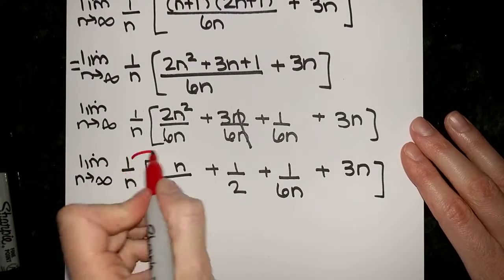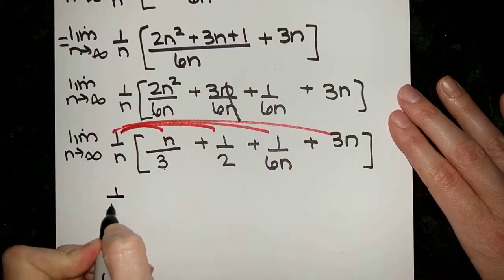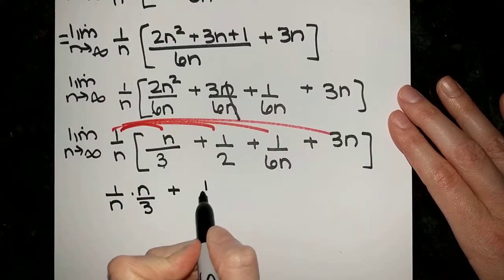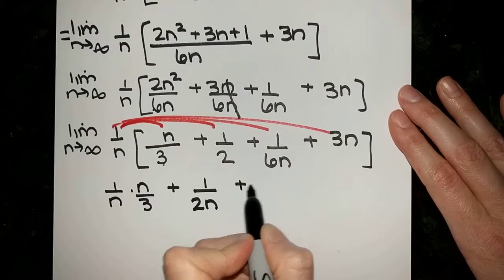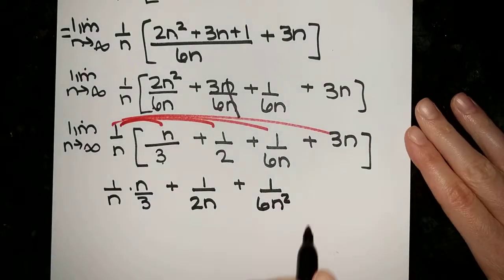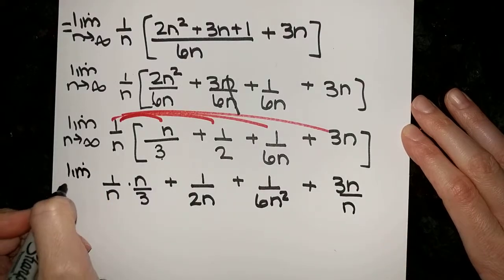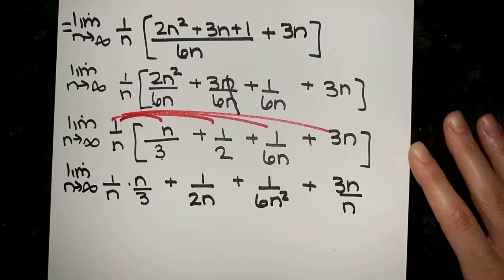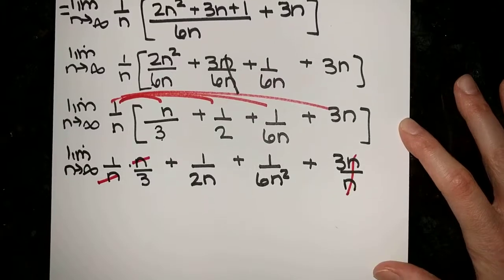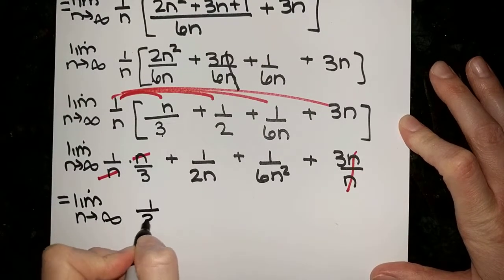So we have to distribute out to all 4 of those terms, and that will give us 1 over n times n over 3 plus, multiplying straight across here, 1 over 2n plus 1 over 6n squared, because I have an n times an n, plus 3n over n. And then looking at the limit as n goes to infinity. All right, then we see that these n's cancel, these n's over here cancel, and we're looking at the limit as n goes to infinity of 1 over 3.